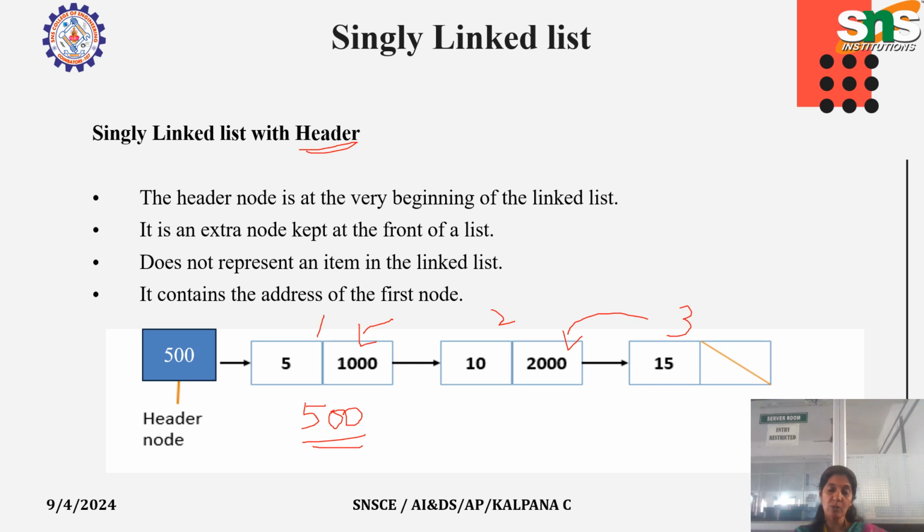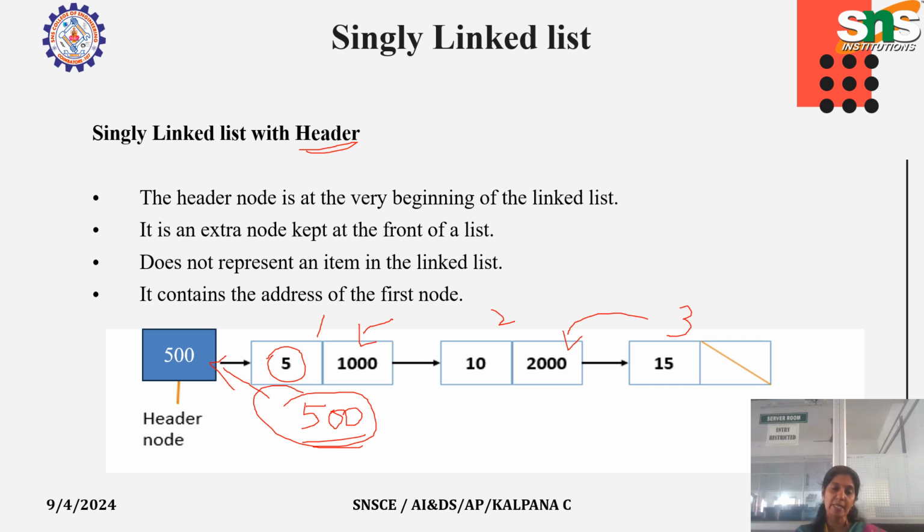To keep track of the first node, I am going to have a separate node as header. Inside that I am going to store node 1's address, which means I am storing 500 here. This is the purpose of the header node.